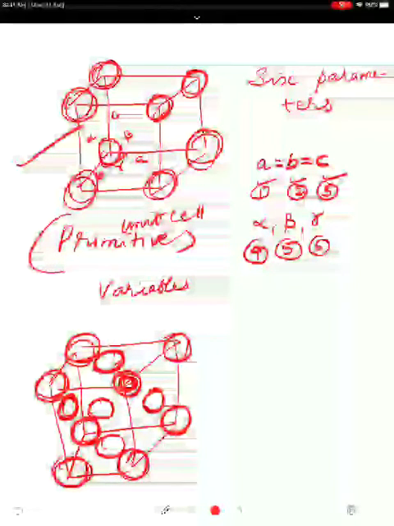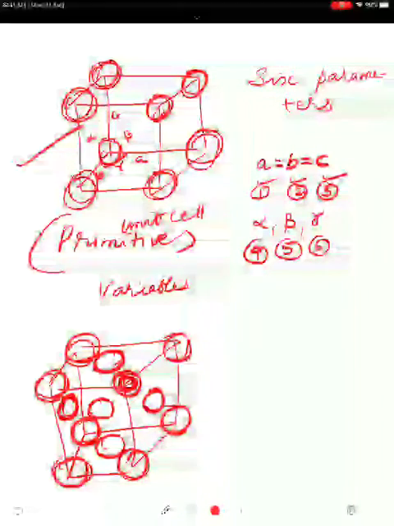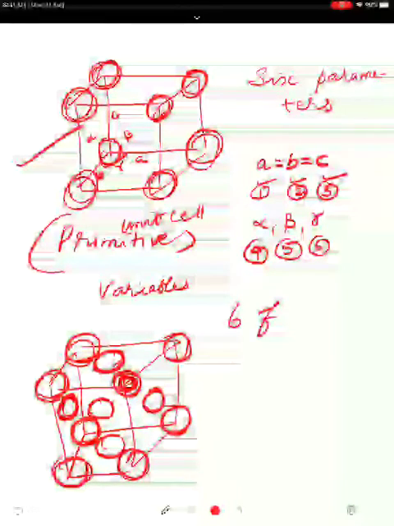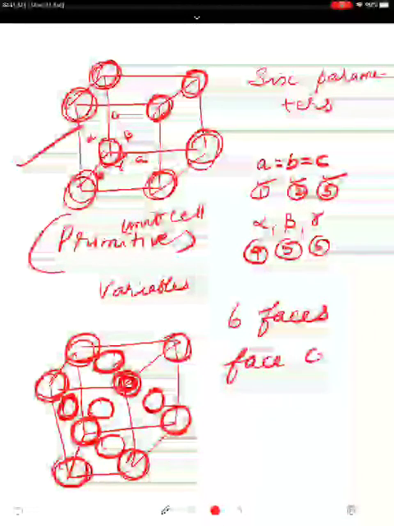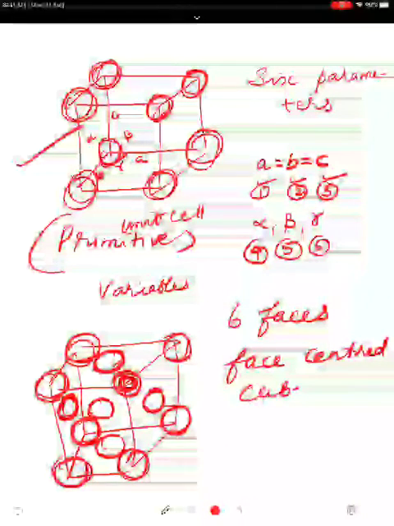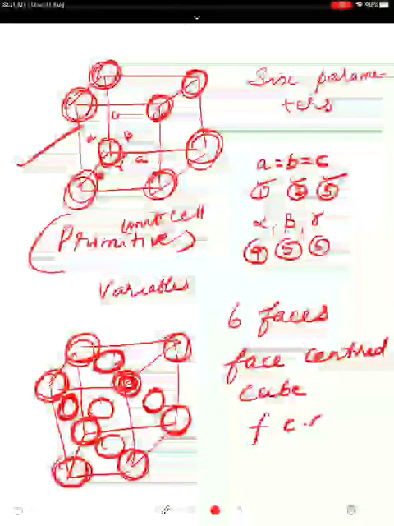At the center of each face there are 6 faces. If you are able to see a similar atom at the center of each face, then we call it a face centered cube, FCC.